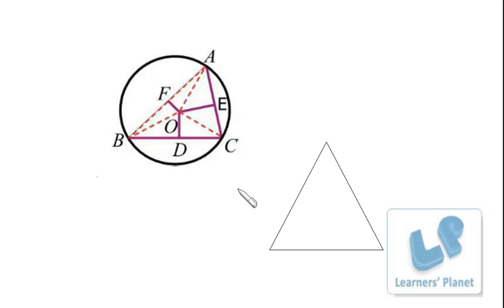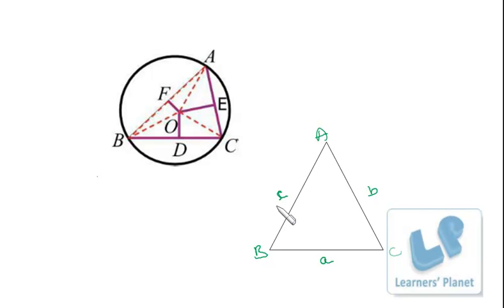Now here some important relationships I'm going to discuss. We have triangle ABC. The side opposite to A, I consider the length to be small a. Here it is b and here it is small c.